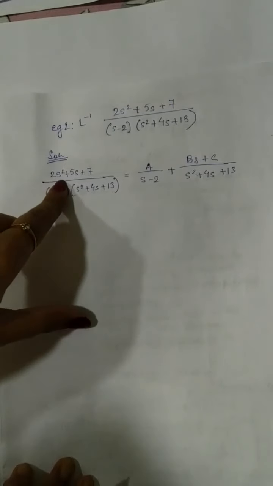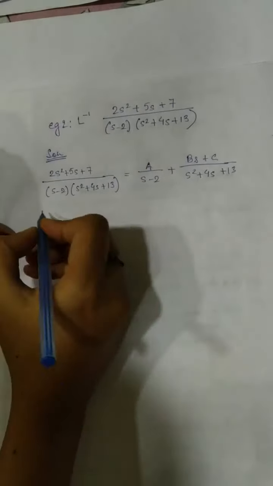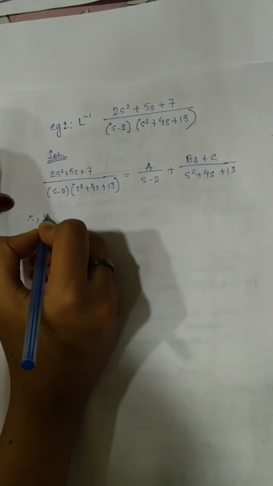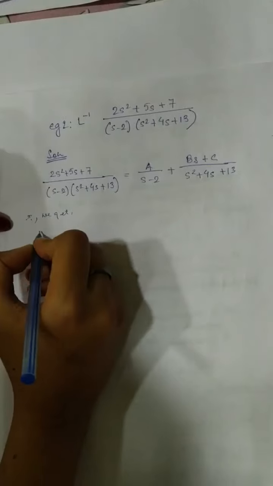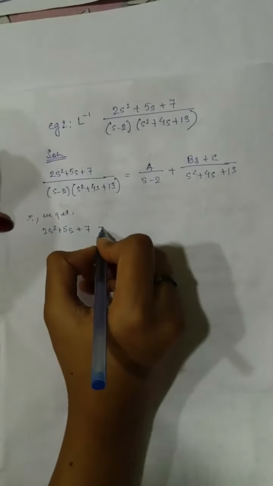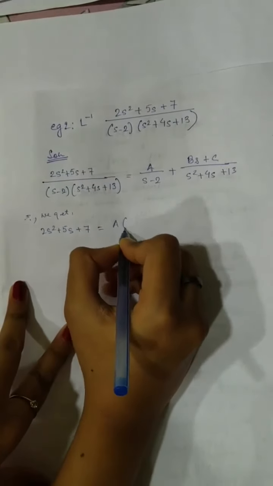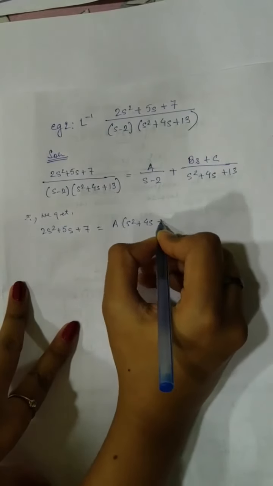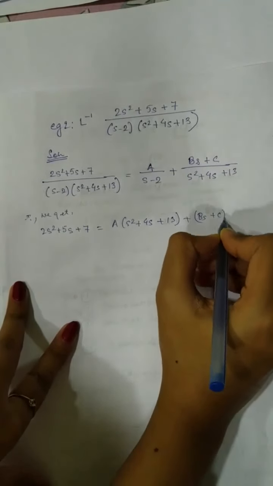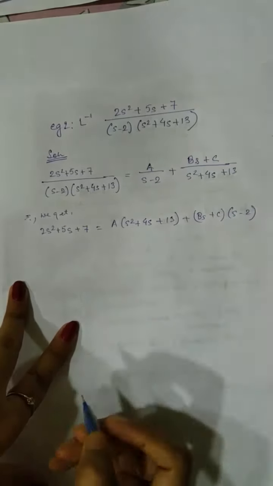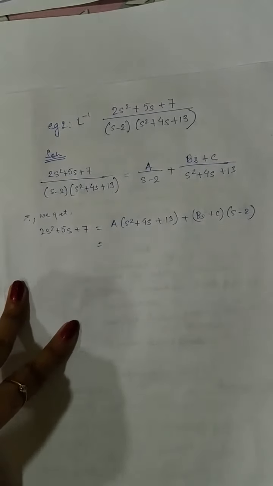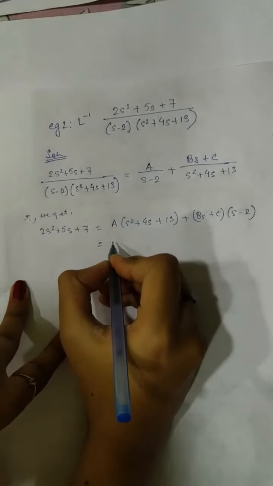So now all you need to do is just match the coefficients of the numerators, right? Therefore we get 2s square plus 5s plus 7 is equal to A into (s square plus 4s plus 13) plus (Bs plus C)(s minus 2), right? So now we have to separate the coefficients of the s terms.